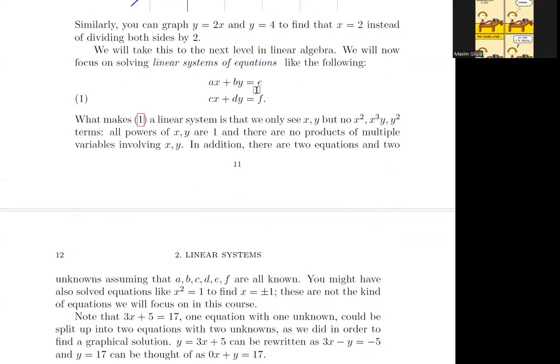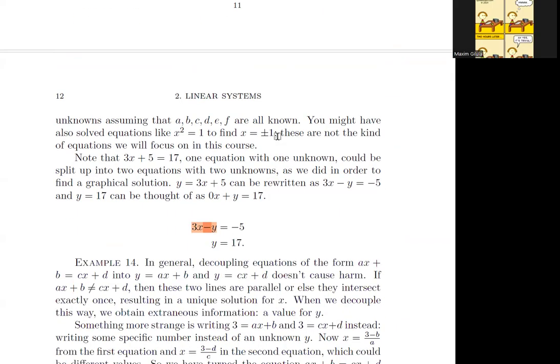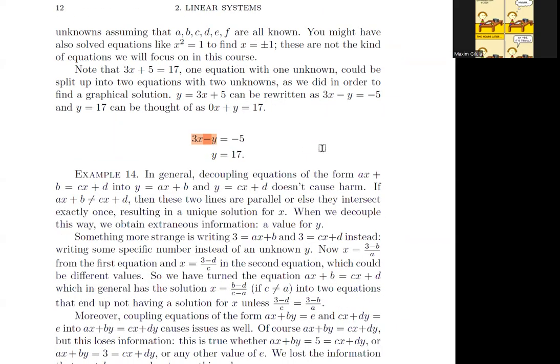So if we bring the y over, it now looks exactly like that. Now we could try to solve this system instead, and the solutions should be the same, where y is 17 and x is 4.